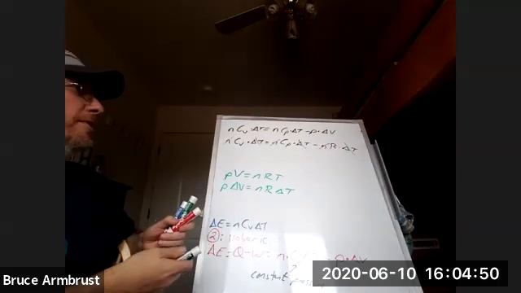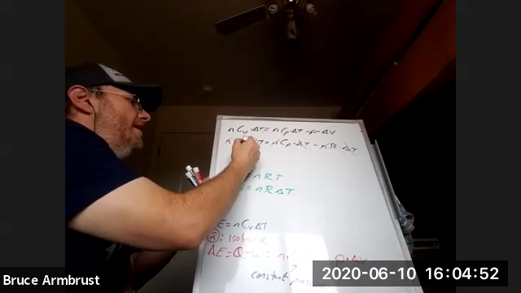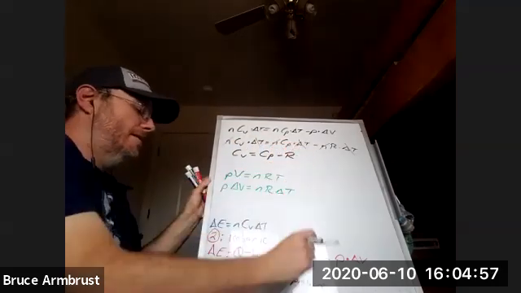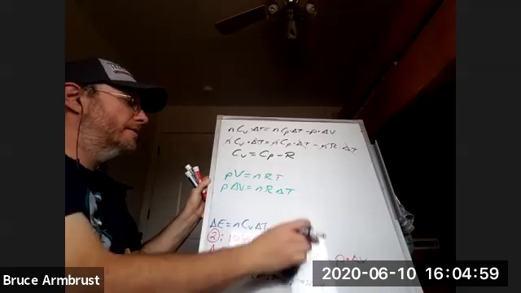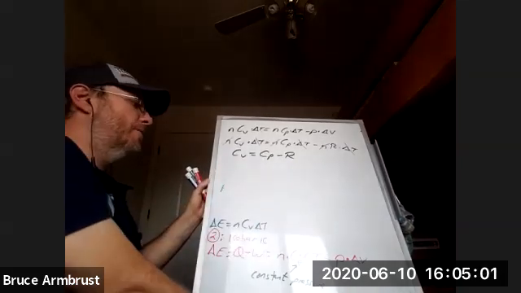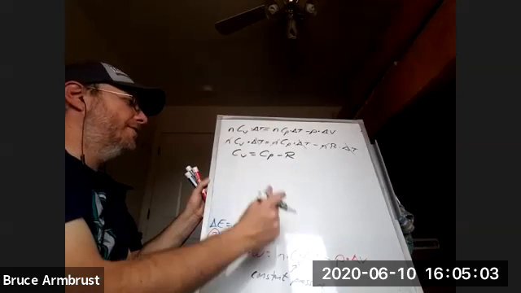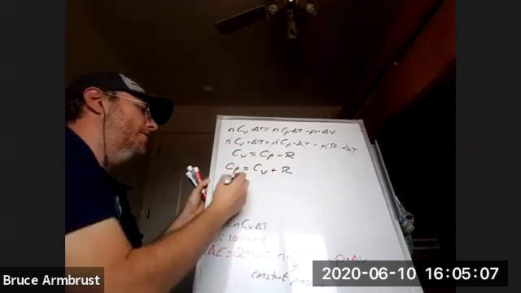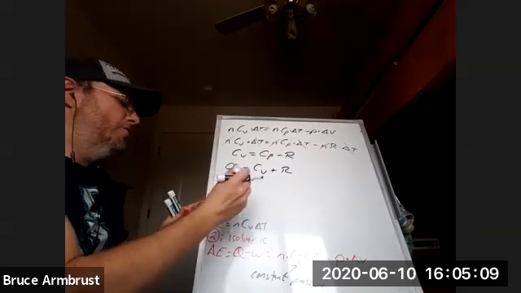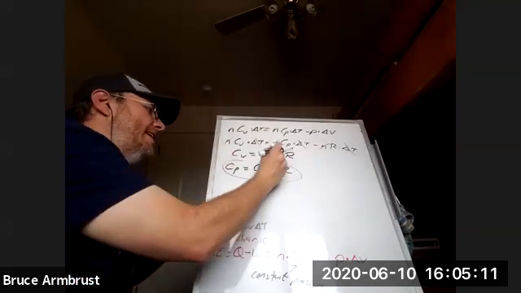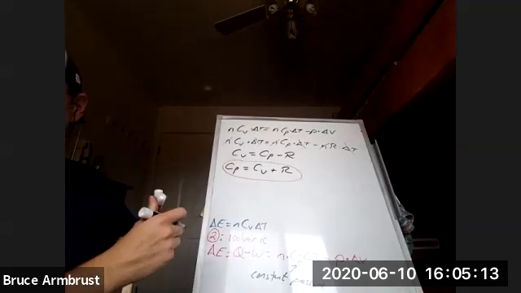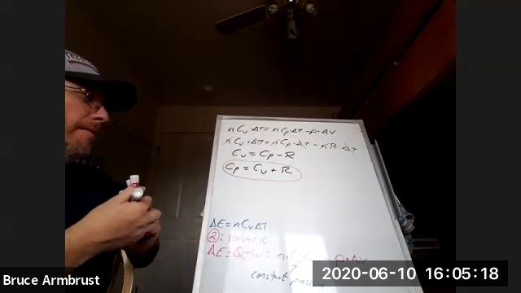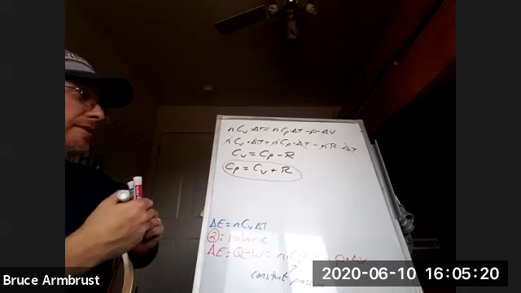And so what we find is that CV is equal to CP minus R. I'm going to rewrite that because this is usually how you'll see it written: CP is equal to CV plus R. So these specific heats, these heat capacities, are not equal, but they're related to each other.